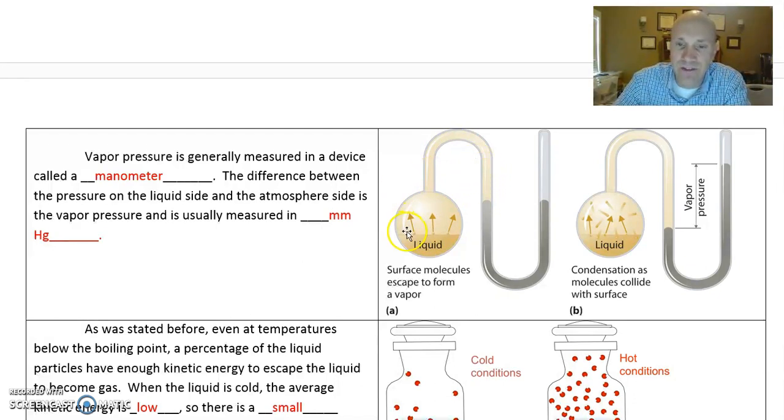So if you have some of these evaporated particles pushing down on top of this mercury, that's going to push this side of the mercury down, causing this side to go up. And we can measure the distance between those two sides, and that's going to be used to indicate the amount of pressure that gets created by this liquid here. And generally, we measure that in millimeters of mercury.